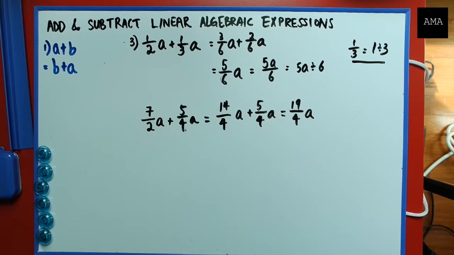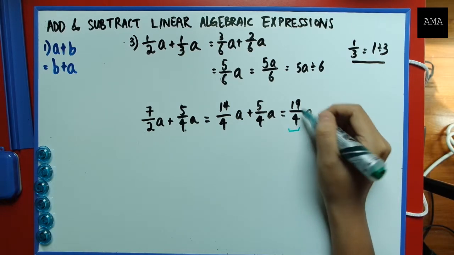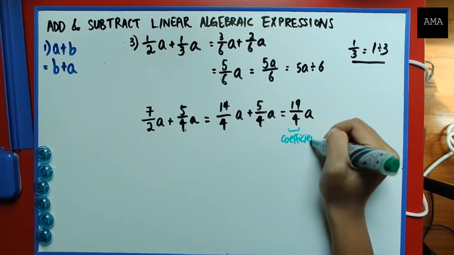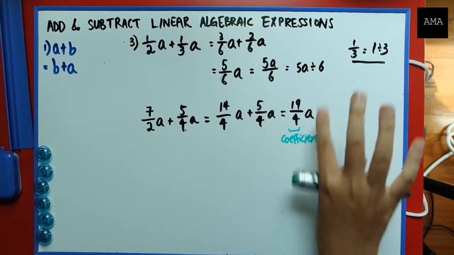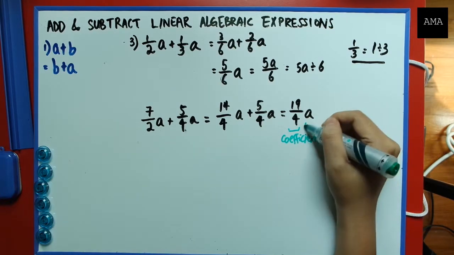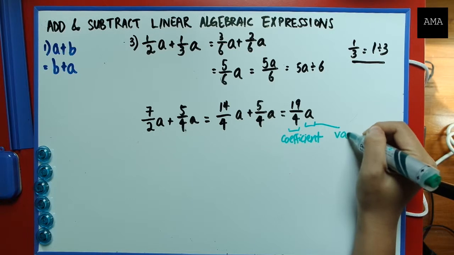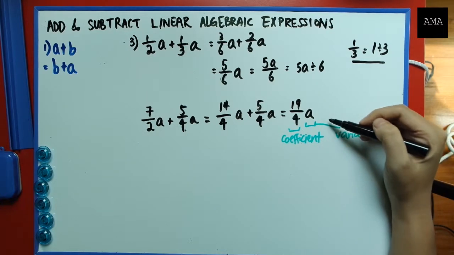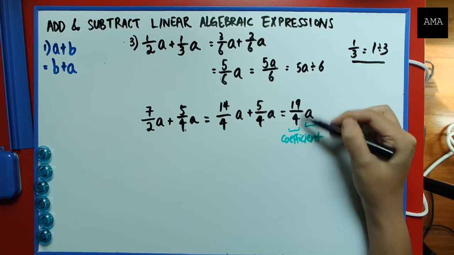I should explain the terminology a bit. This part is called the coefficient. So when you hear me say coefficient, I'm referring to the number that's attached to the variable. And this is considered the variable. So a is a variable. So the coefficient is more than 1.